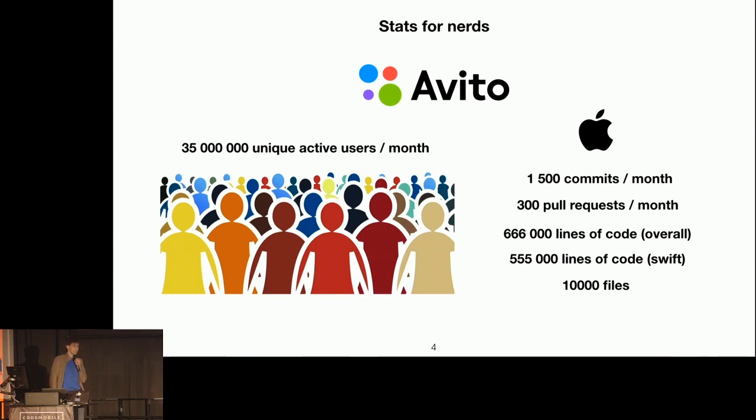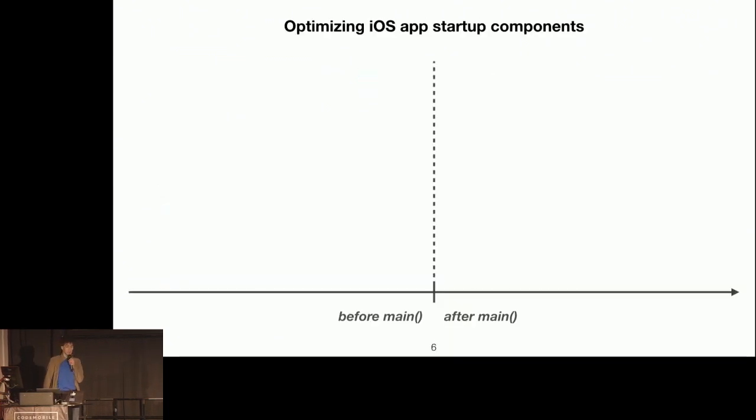And today we're going to talk about the startup time, which is an important metric because it forms the initial sense of your application. So let's take a look at this timeline and split it into two eras, before main function and after main function.